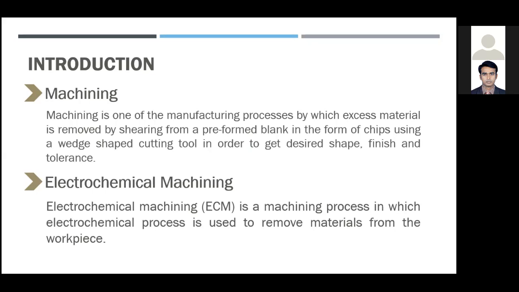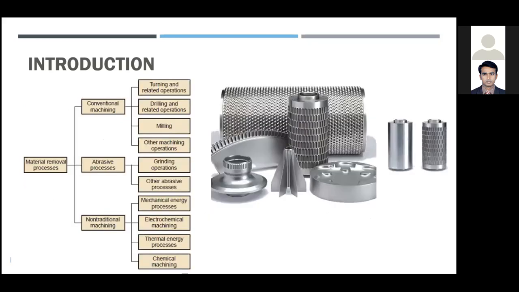Now, what is electrochemical machining? Electrochemical machining is the process in which an electrochemical process is used to remove material from the workpiece. So we can say that the machining process is mainly a material removal process. Here are some of the types of material removal processes.